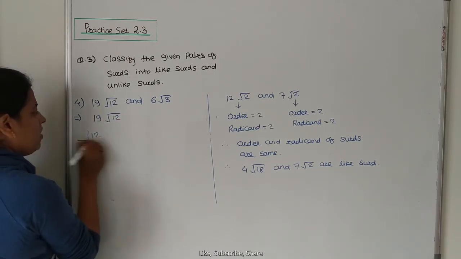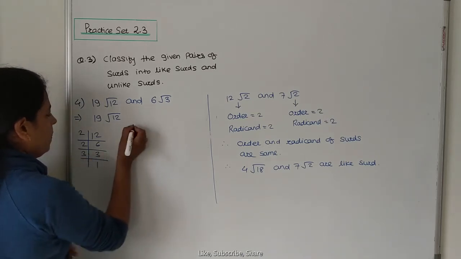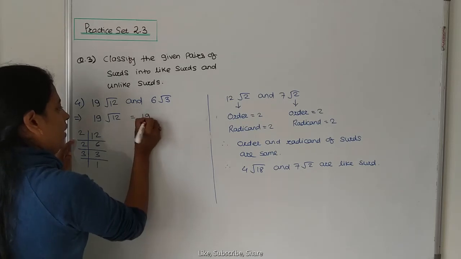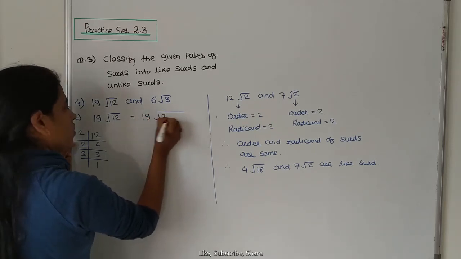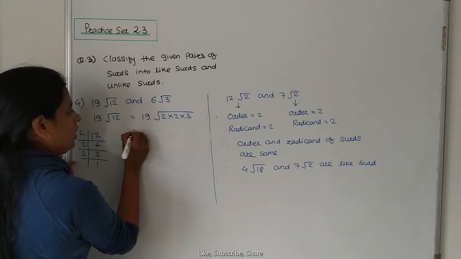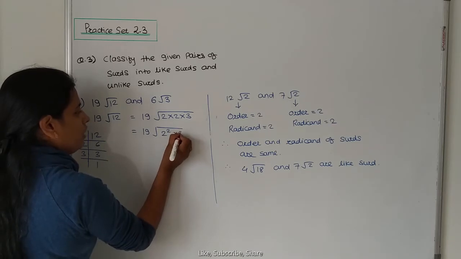So 12 is divisible by 2. 2 6s are 12. Then 2 3s are 6. Then 3 1s are 3. That means we have to write like this. 19 square root of 2 into 2 into 3. Now next, 19 square root of 2 raised to 2 into 3.